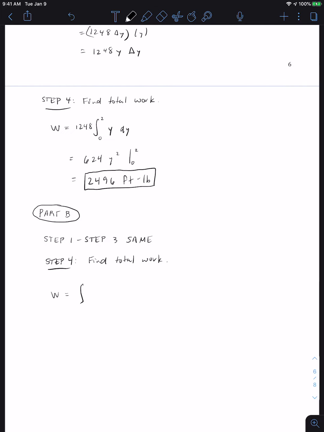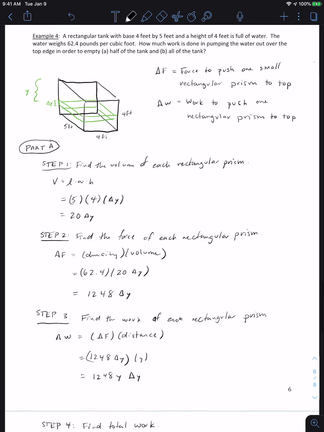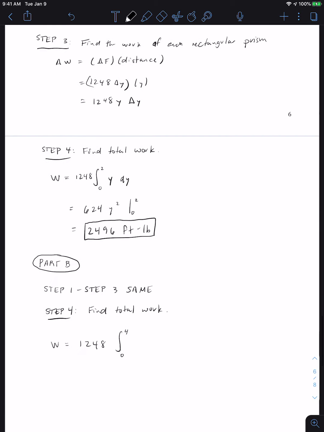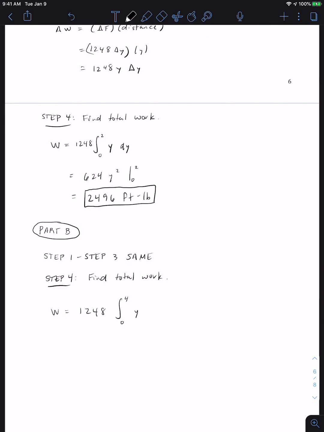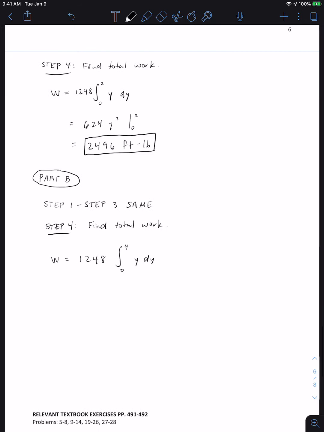So now it's 1248 y, and now I'm going to go from 0 to 4, right? Because we want to pump the water out from the bottom all the way to the top. So now I get y dy, I integrate this, which gives me 624 y squared from 0 to 4, which gives me an answer of 9984 foot-pounds.